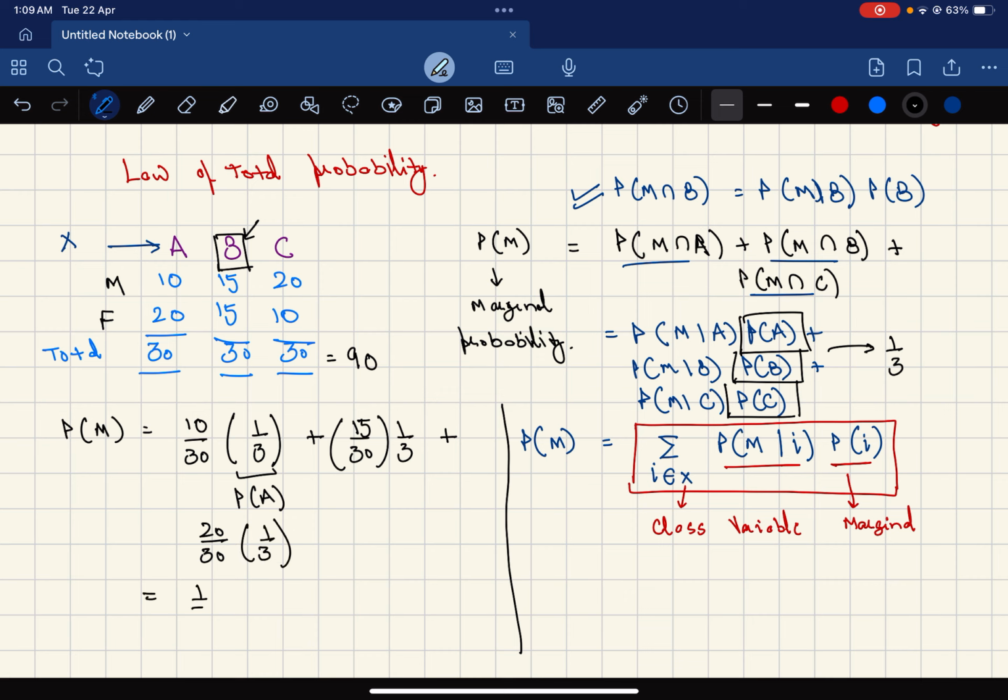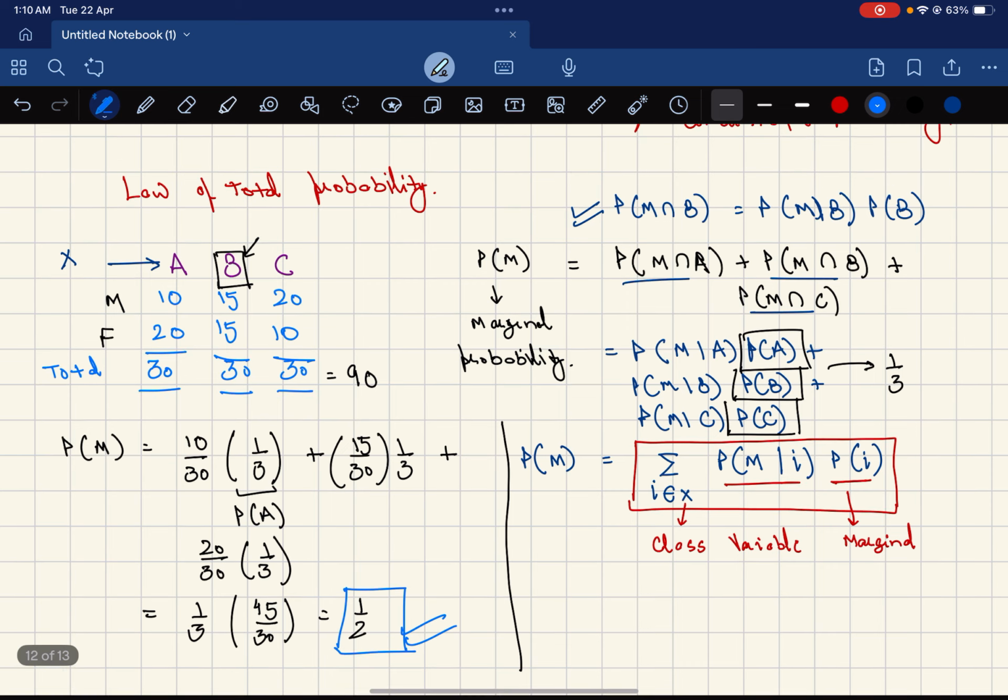Now we take 1 by 3 common here, and in the bracket we get 10 by 30 plus 15 by 30 plus 20 by 30, which is nothing but 45 by 30, and we get the required probability of 1 by 2, which is again the correct probability, since we know that out of the total 90 students here, 45 of them are male. Therefore this is the exact probability which we were expecting, and we have used the law of total probability here to get the required probability of getting a male student from all the classrooms here.